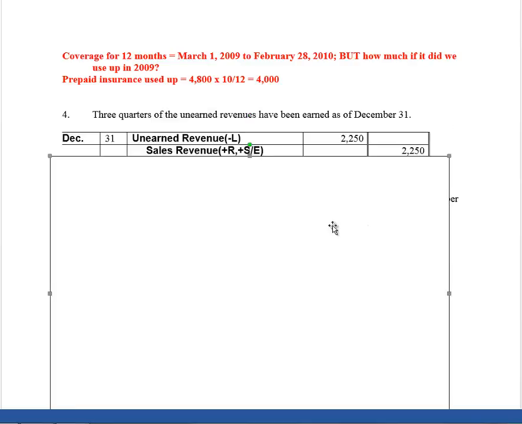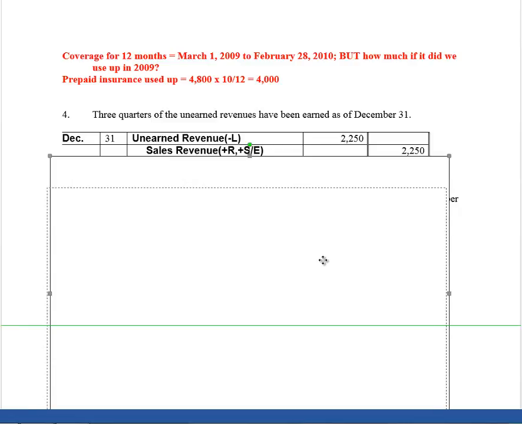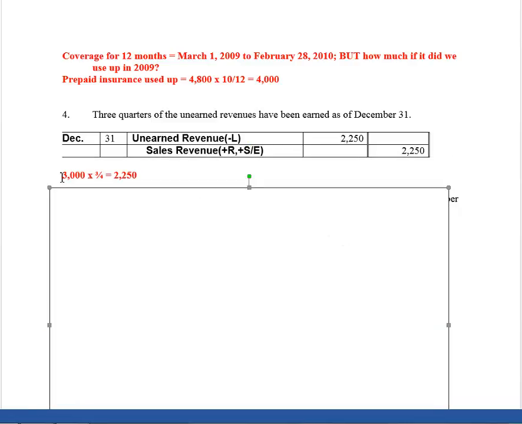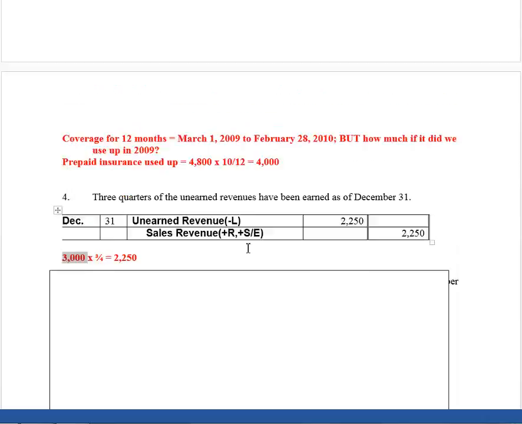So don't forget, an unearned revenue is a liability. If we've earned the revenue or some part of that unearned revenue, we have to book it as revenue. The question is how much? Well, first of all, find out how much is on your unadjusted trial balance. Well, we know we have $3,000 in the unadjusted trial balance.